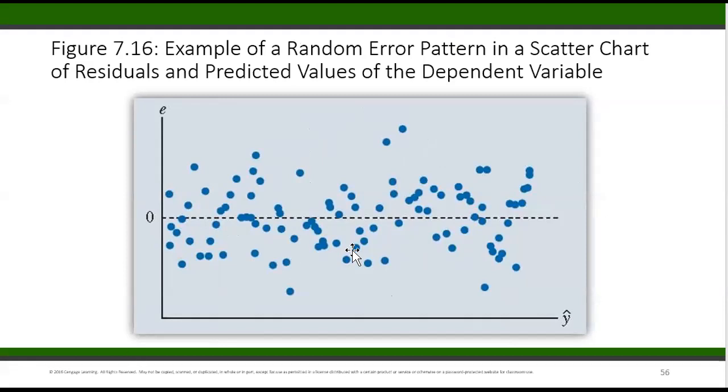So this is a good example of the residual plot. The residual plot is a scatter chart that shows residuals, the e_i's, with respect to X or Y hat. The independent variable or estimated value for Y doesn't really matter. This doesn't change anything.